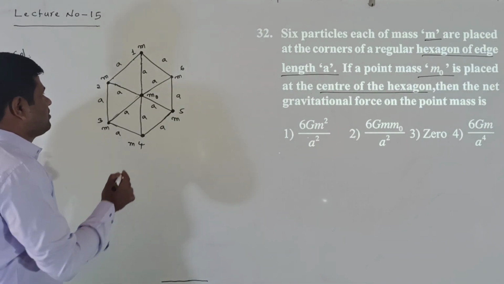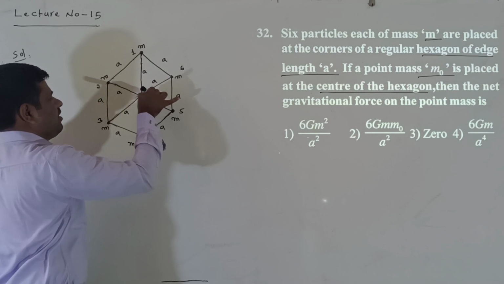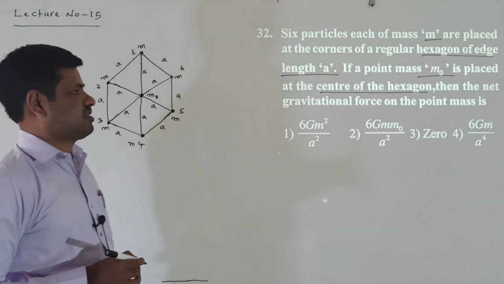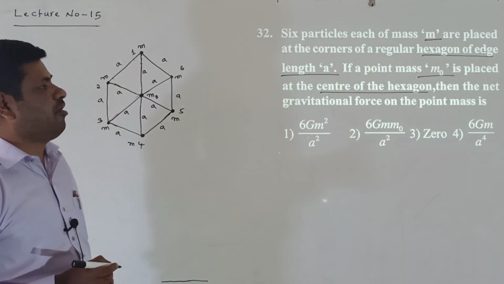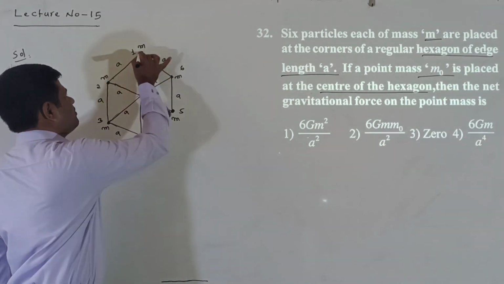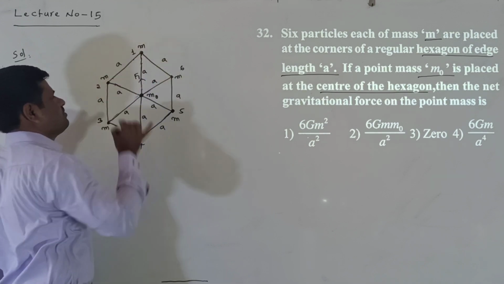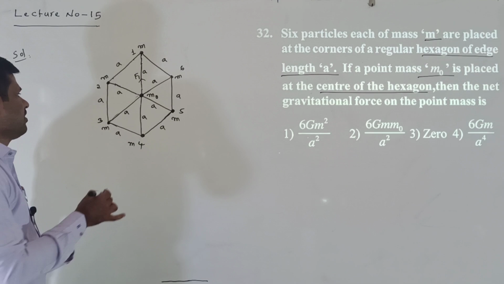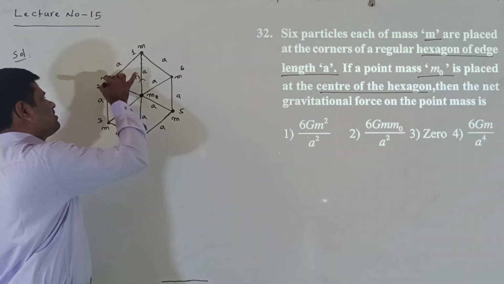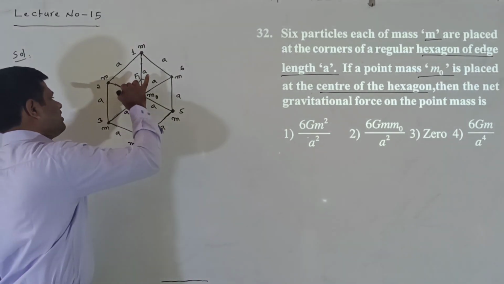Now listen here. First of all, the net gravitational force on the point mass, that is the m naught mass. Here the force acting on the m naught mass due to the m mass placed at the first corner, I have considered as F1. The force acting on the m naught mass due to the mass placed at the second corner is taken as F2.